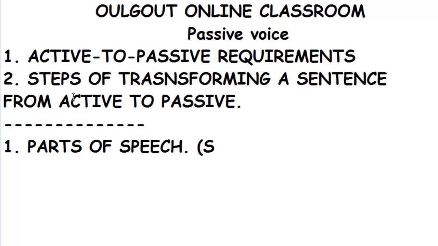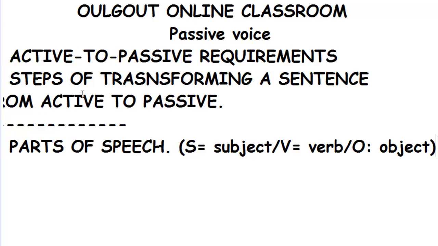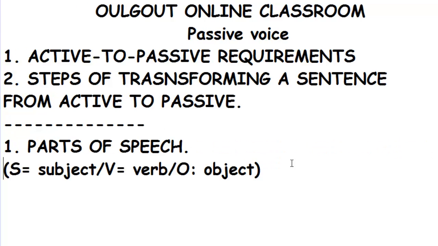Your subjects, then you've got the verb, then you have the objects. It's very important to have these three basic parts of speech, and that is why English is called an SVO language.